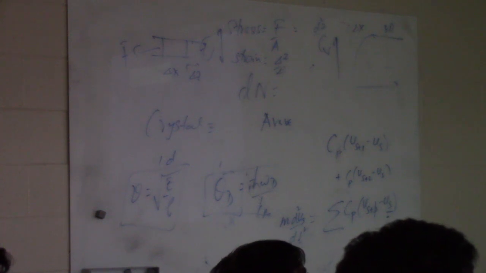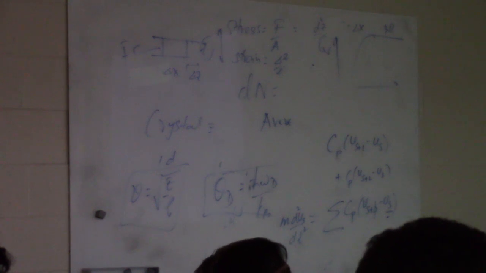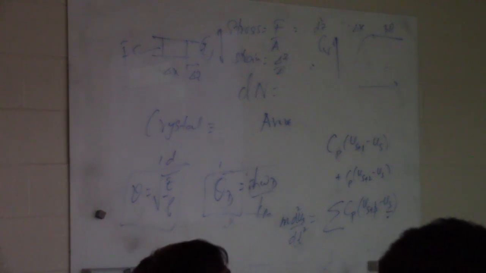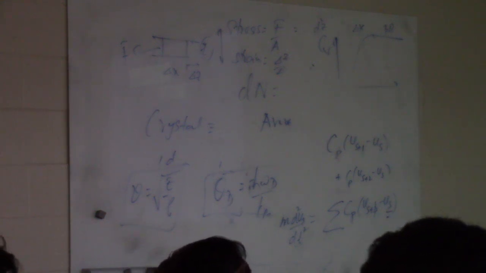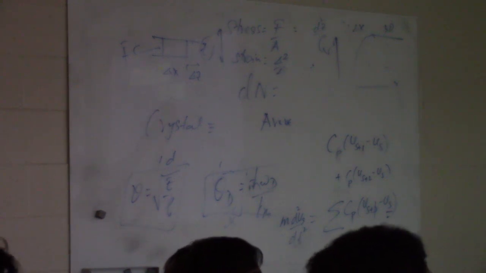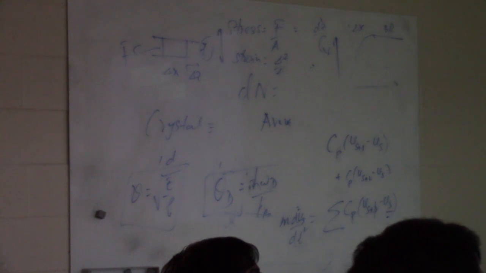We have to assume a solution for u_s, right? Typically we use a harmonic solution. u_s has some amplitude times the exponential e^{i(kx_s minus omega t)}.